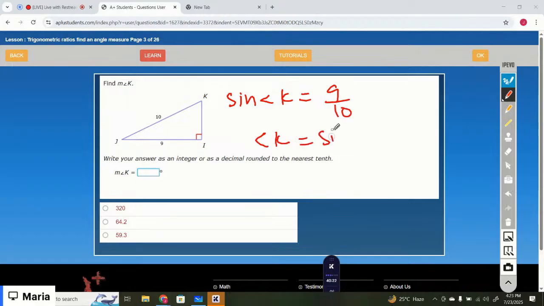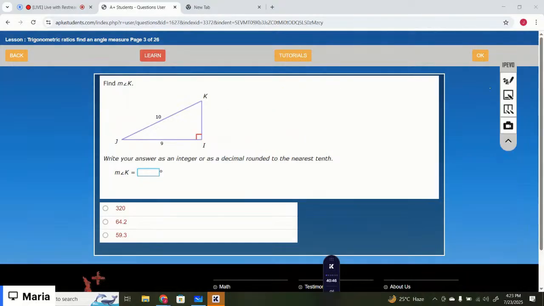Angle K equals sine inverse of 9 over 10. 9 divided by 10 is 0.9. So we need to calculate sine inverse of 0.9. That equals 64.2 degrees. The correct option is option number 2, 64.2 degrees.